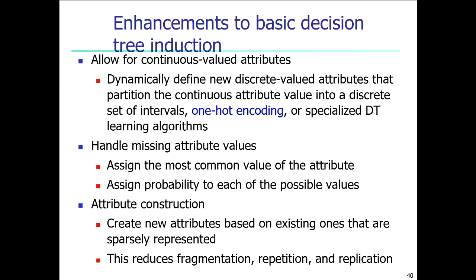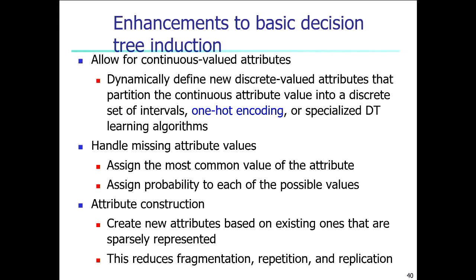Or we can use some specialized decision tree learning algorithms. Another thing is we need to handle missing attribute values. One way to do it is to assign the most common value of the attribute.